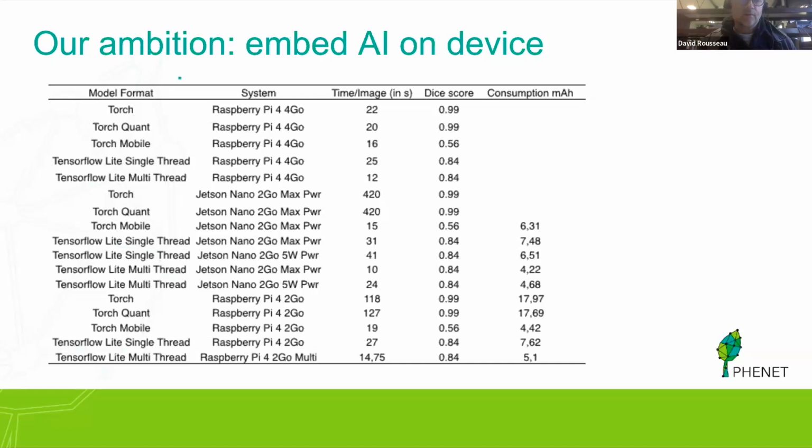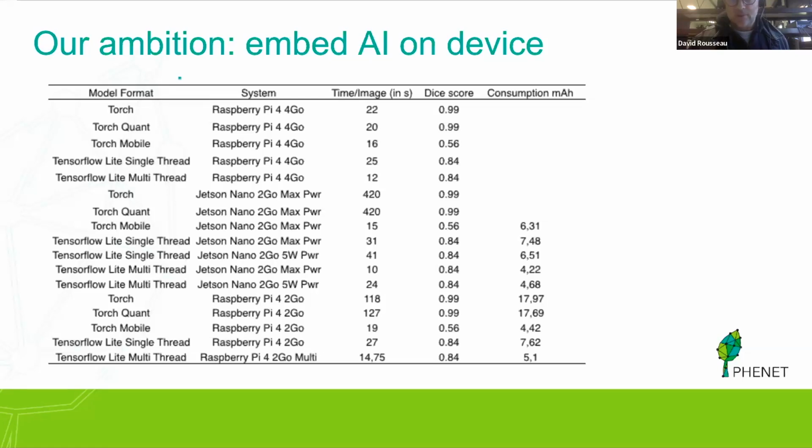During this first period of the PHENET project, we tested a variety of mini computers, sometimes called credit card computers, like Raspberry Pi, Jetson Nano, and so on, which are typically devices that cost less than 100 euro.